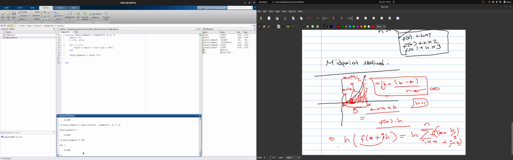Okay, I made a mistake here, because to calculate the relative error we need to divide this by the exact solution as well. So exact midpoint should be exact solution minus midpoint of V, 0, 1, 5, divided by exact solution.